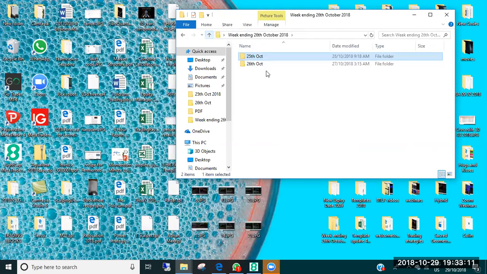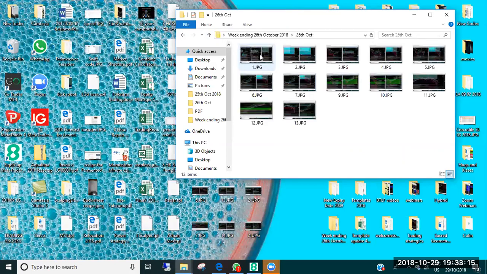So 25th, 26th. Basically, if I started at 9:15, each picture I took, if I was posting on WhatsApp, would be in timestamp and sequence in WhatsApp.